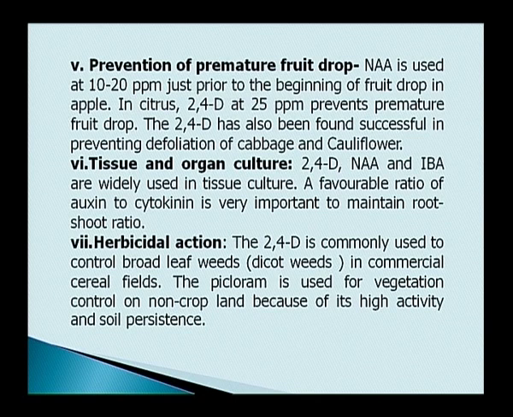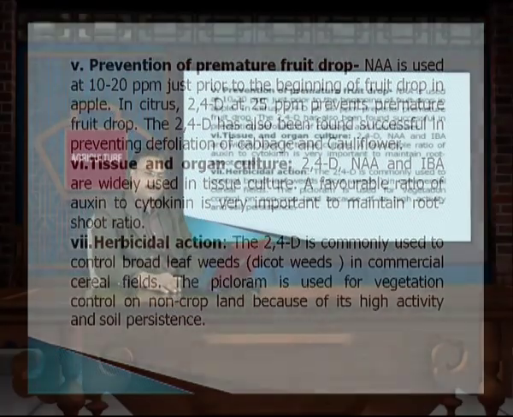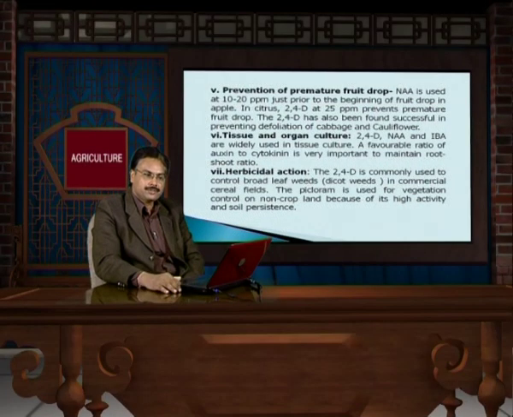Similarly, in citrus, 2,4-D at 25 ppm can prevent the premature fruit drop. 2,4-D has also been found successful in preventing defoliation of cabbage and cauliflower. Thus, we can say that the application of NAA and 2,4-D can reduce premature fruit drop and increase the yield of the crops.